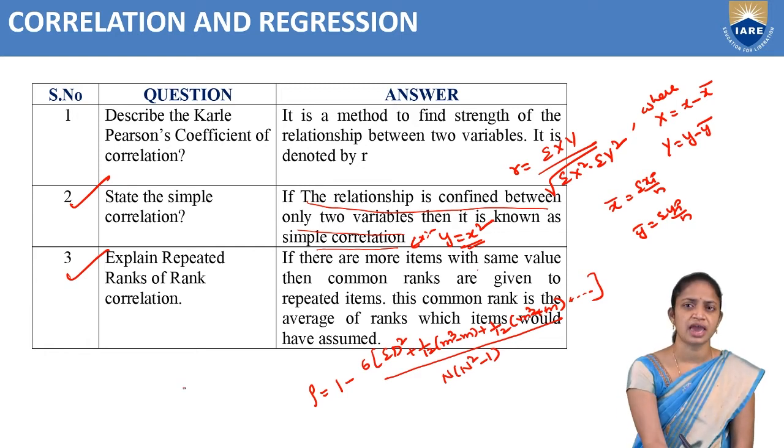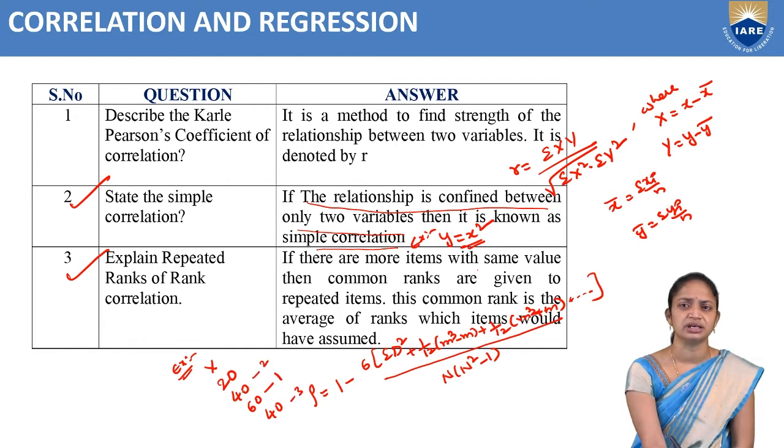For example, suppose I have the marks for X as 20, 40, 60, 40. Here I give the first rank to the highest mark. So this is first rank, this is second rank and this is third rank.